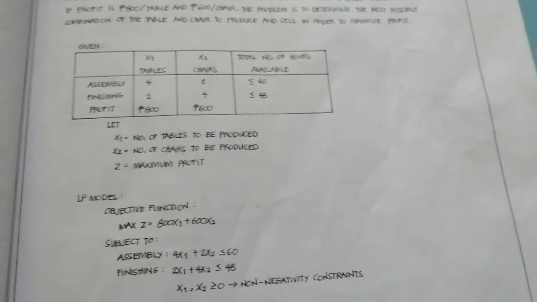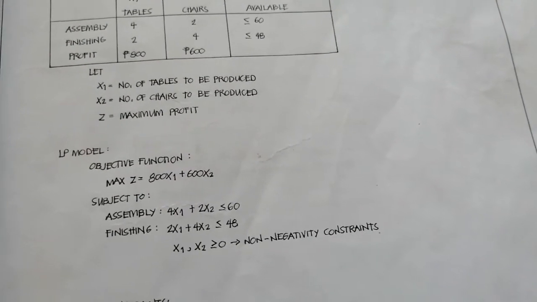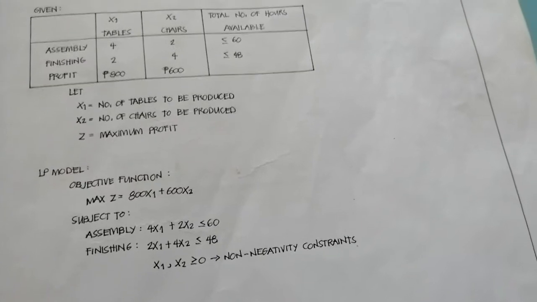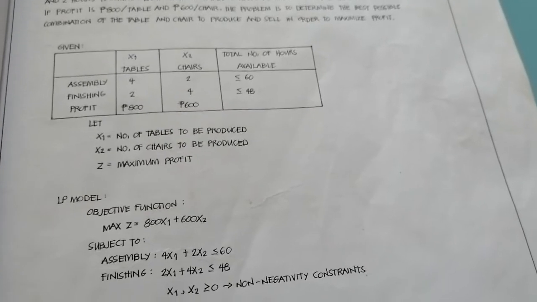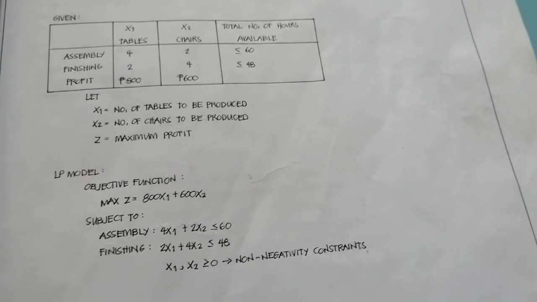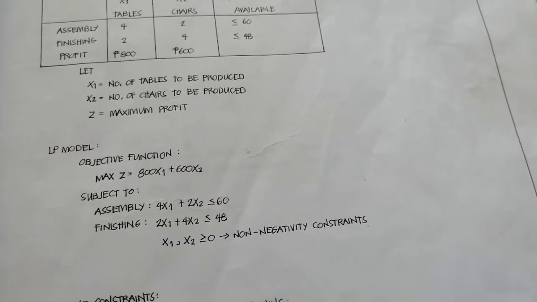So from the given, we'll be able to write down or formulate the LP model. So the objective function is again maximization. So we're going to compute the total profit, which is equal to 800x1 plus 600x2. Subject to the following constraints, we have the assembly and finishing.